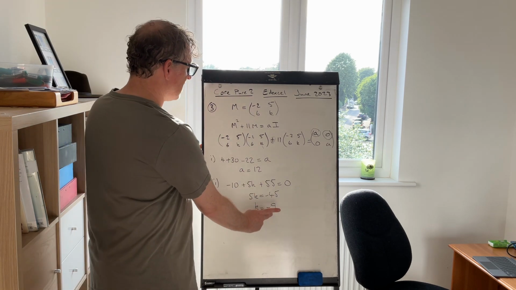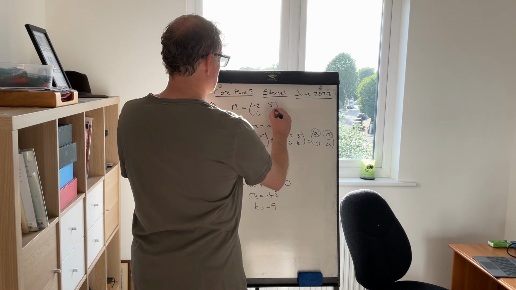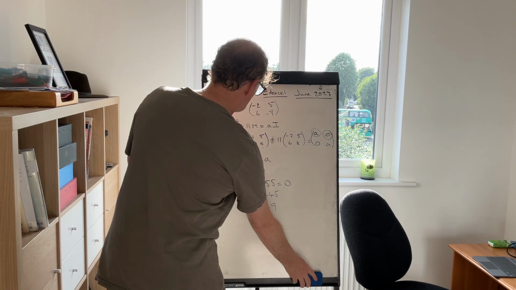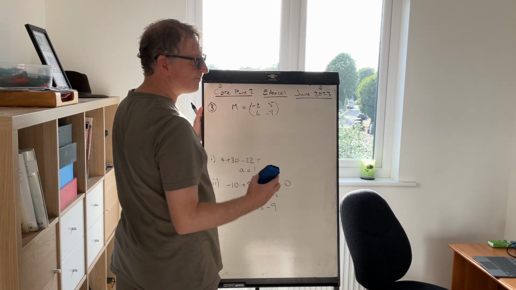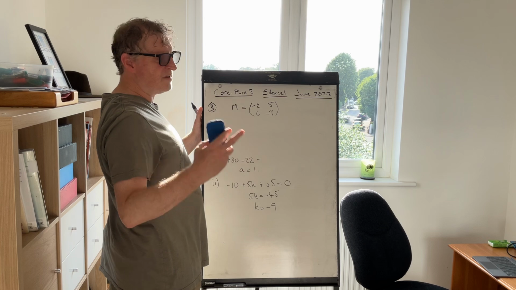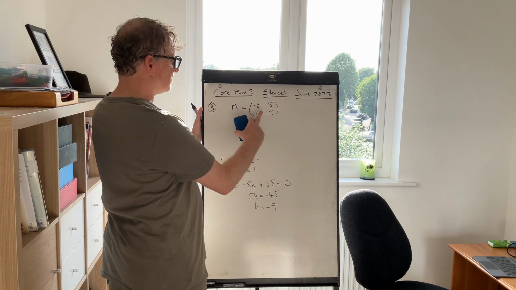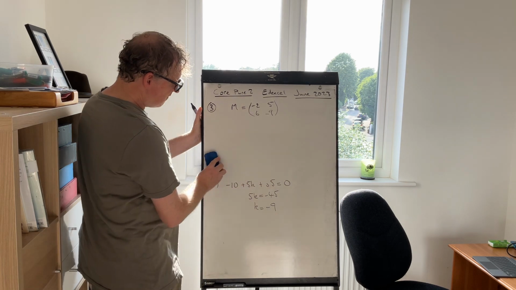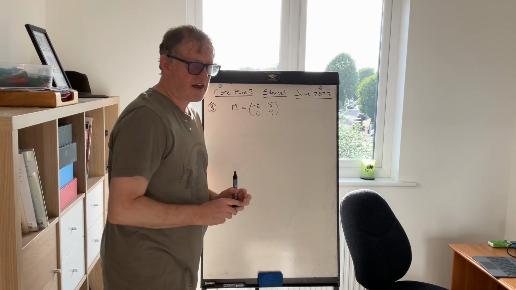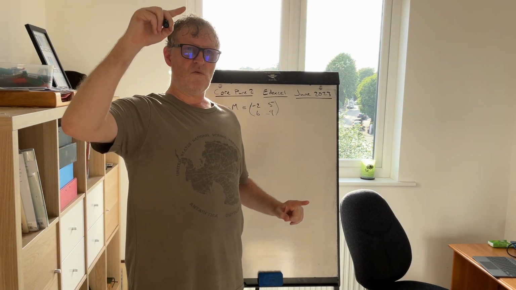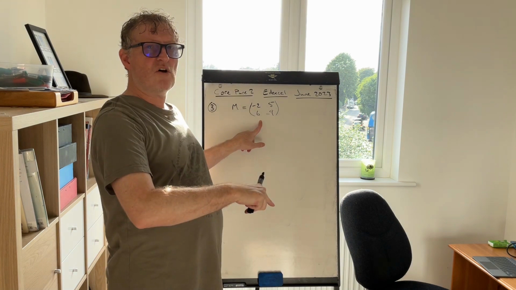Now, remember k equals minus 9, so let's replace that k in there with minus 9 for part B of this question. Part B simply says, determine the equations of the invariant lines of the transformation represented by M. So invariant lines are different from invariant points in that they are a line of points that when you multiply it by that matrix, moves to another point on the line.